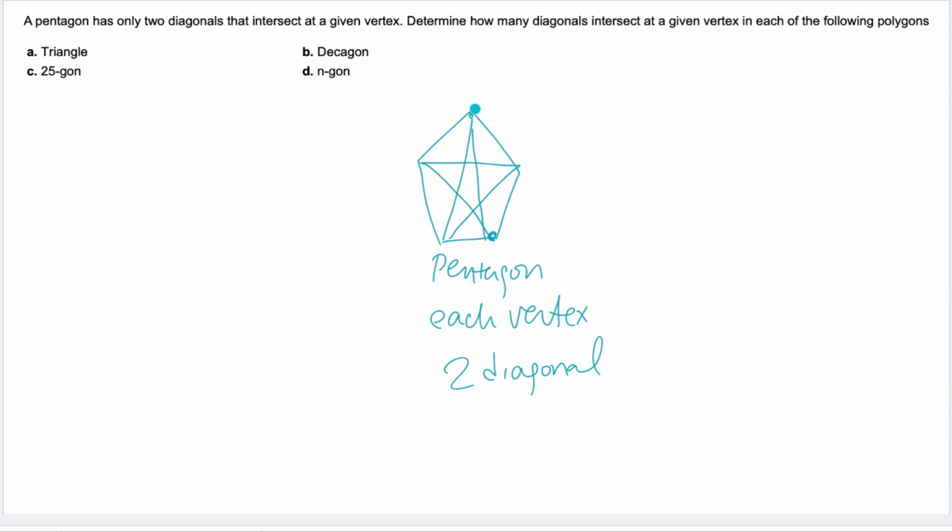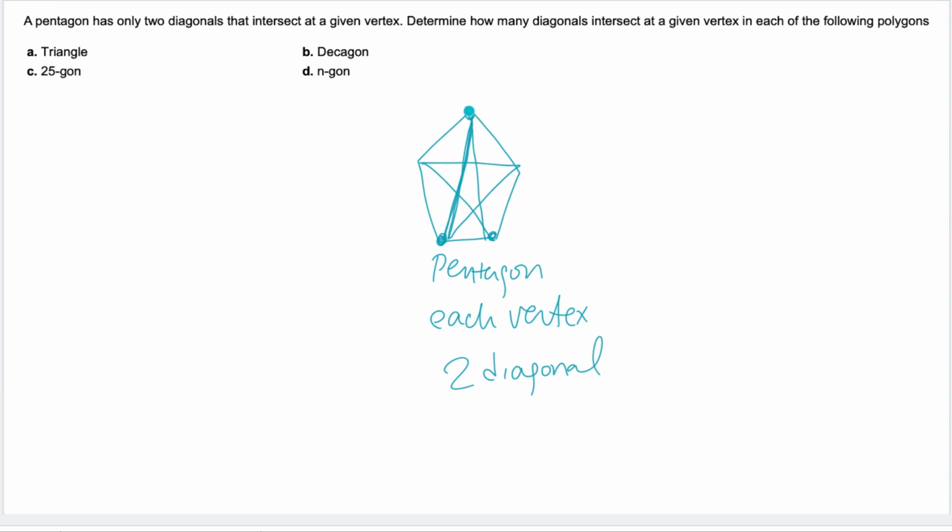Because take a look at this specific diagonal. This is drawn from this vertex, but it's also drawn from this vertex as well. So we actually counted this twice, right? So whatever number of diagonals you can draw from the vertices, we can divide it by 2, right? But you can also think about how many diagonals we can draw from each vertex.